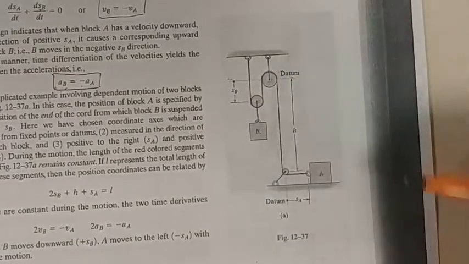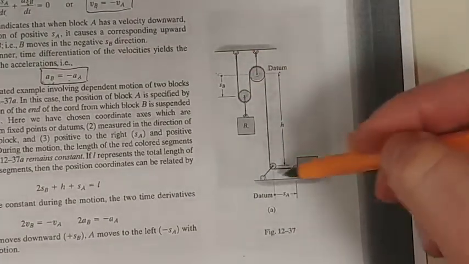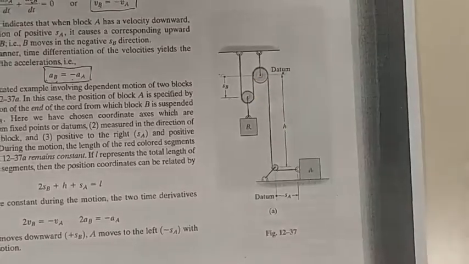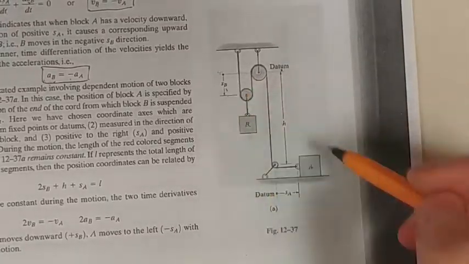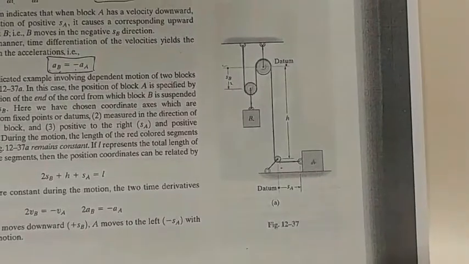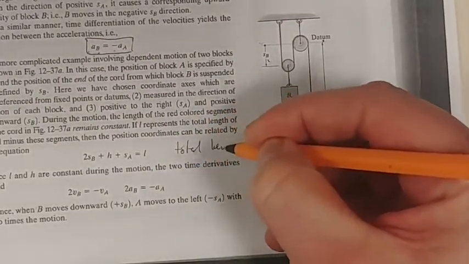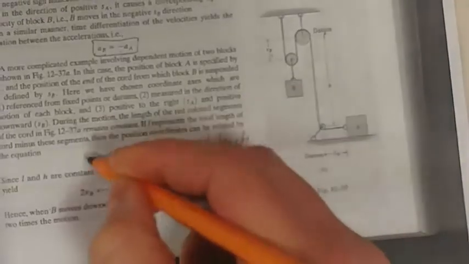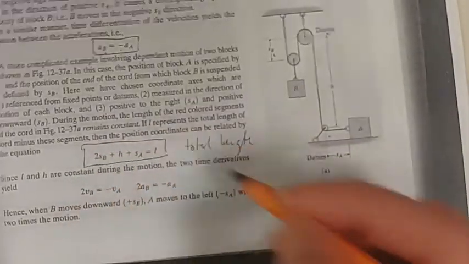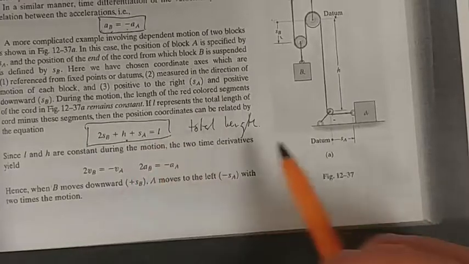Remember, we need to set up our fixed datum. We need to determine our total length. We set up our datum, we set up our positions of each block, and we need to determine our total length, okay? And that total length is given here. What is it?